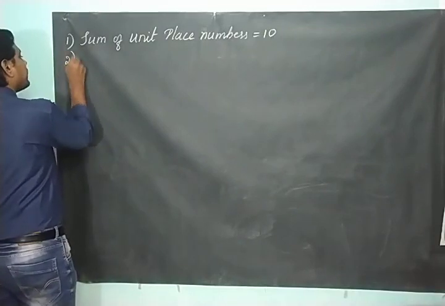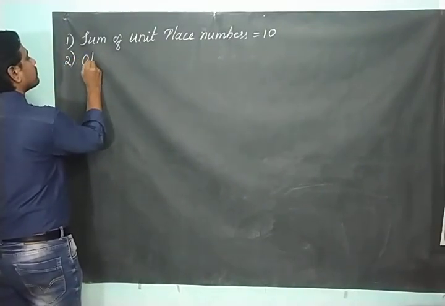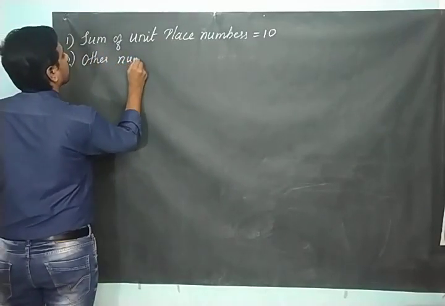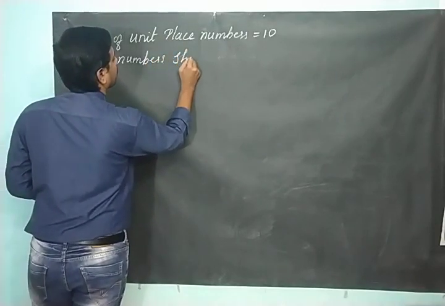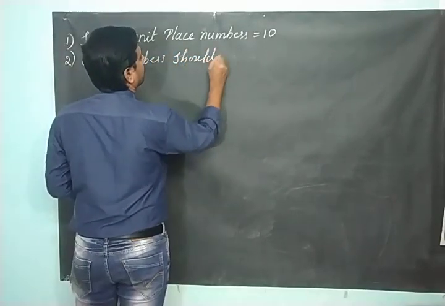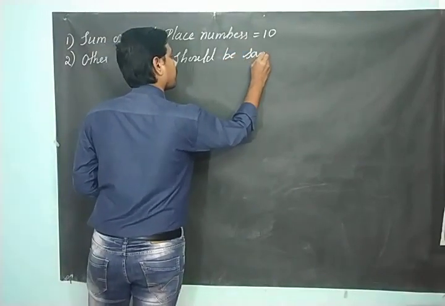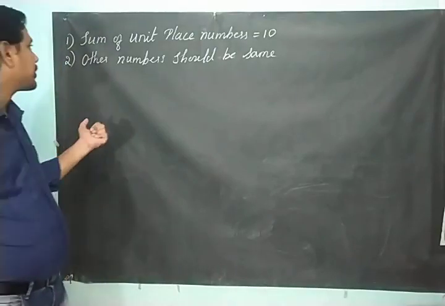And the second one: except the unit place, the other numbers should be the same. So what is the condition here?